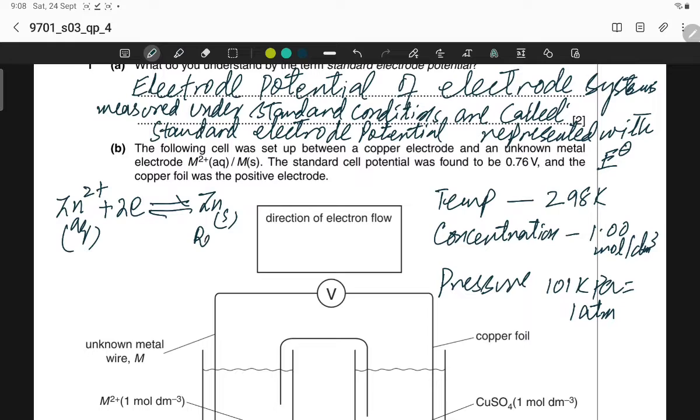This is the reduced form. This is one of the electrode systems, and this is the oxidized form.